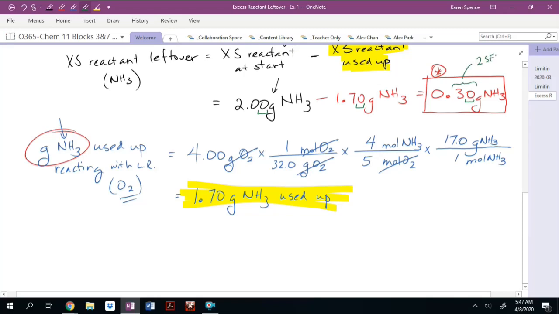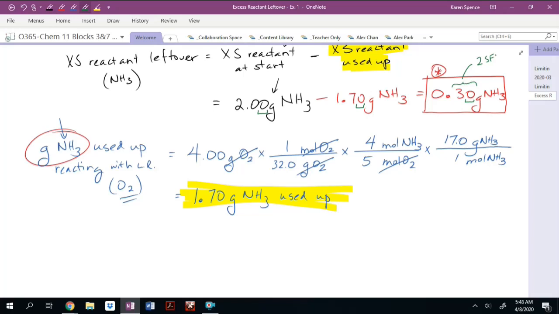Remember, the rule for addition and subtraction is different from multiplication and division. Multiplication and division, you go to the least number of sig figs, but with addition and subtraction, you go to the first uncertain digit, which in this case is the hundredths position. Okay, and that is your final answer there.